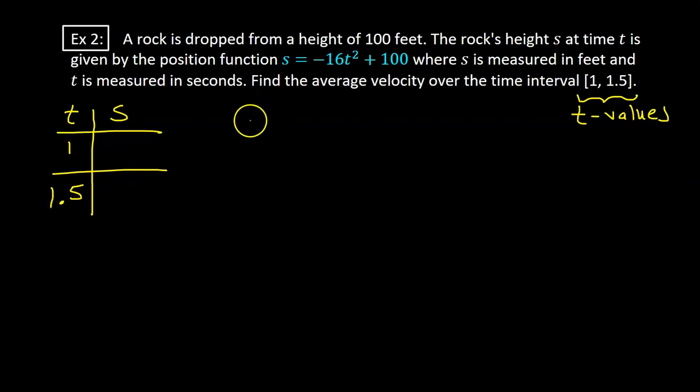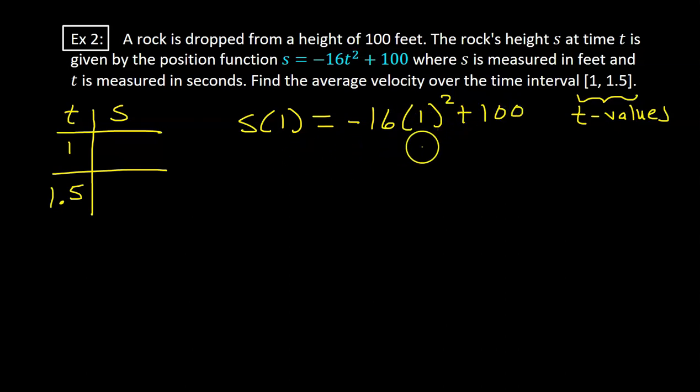In other words, for starters, we need to know what the position at time 1 is. S at 1. So that means substituting 1 in for t. So that'll be negative 16 times 1 squared plus 100. That turns out to be 84.